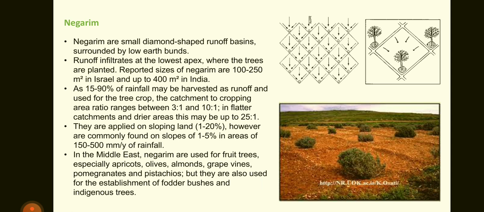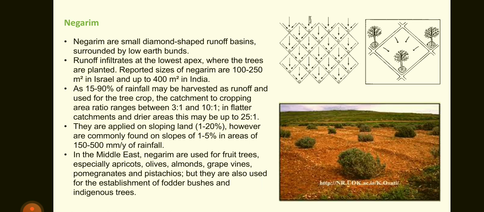The catchment to cropping area ratio ranges from 3:1 to 10:1 in the flatter catchments, and in the drier areas it may be up to 25:1. They are applied on sloping lands, that is 1 to 20%, however they are commonly found on slopes of 1 to 5% in areas of 150 to 500 mm annual rainfall.